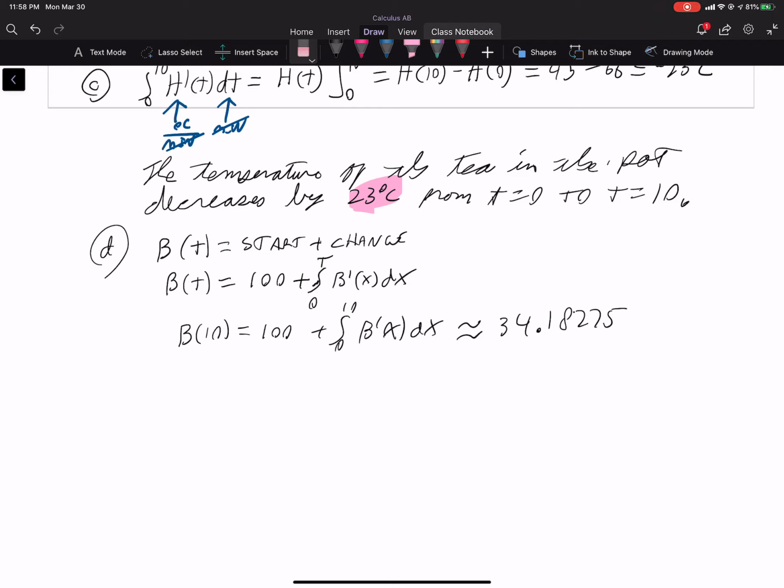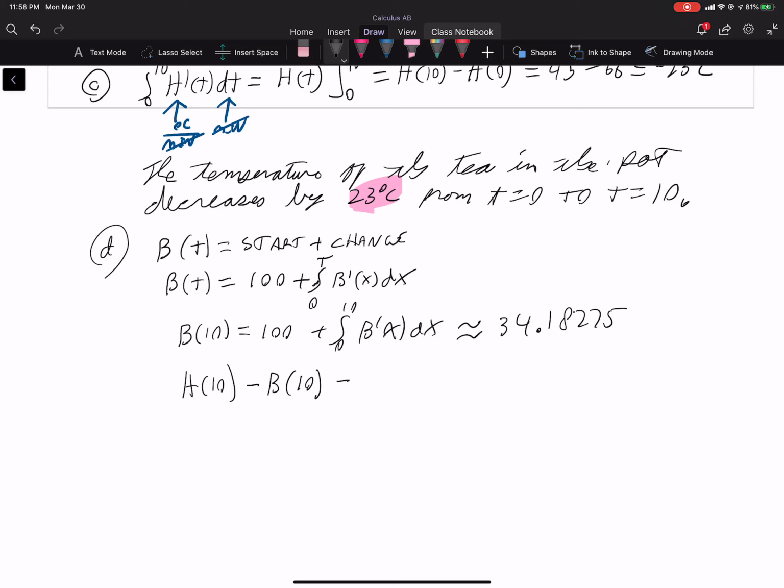We want the temperature of the tea at 10 minus the temperature of the biscuits. So let's do this. It's going to be H of 10, the temperature of the tea, minus B of 10.